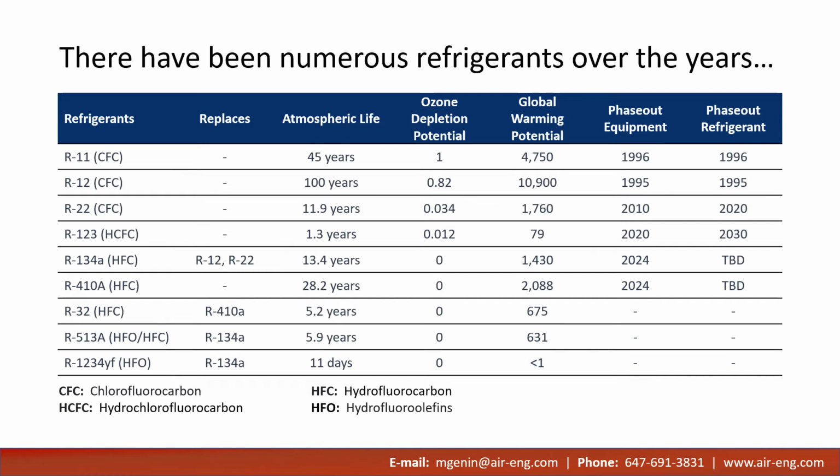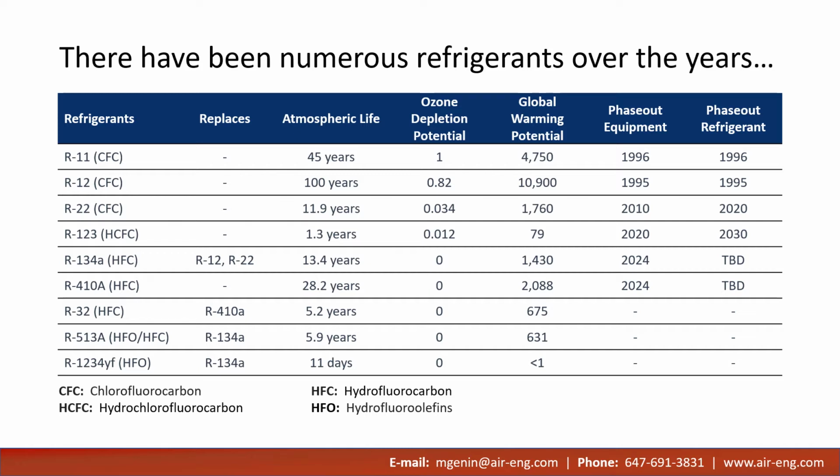In this chart, we have a list of the most common refrigerants which have been used in the HVAC equipment over the years. R11 and R12 were frequently used, and then we realized that when released to the environment, they contributed to ozone depletion and a hole in the ozone layer.